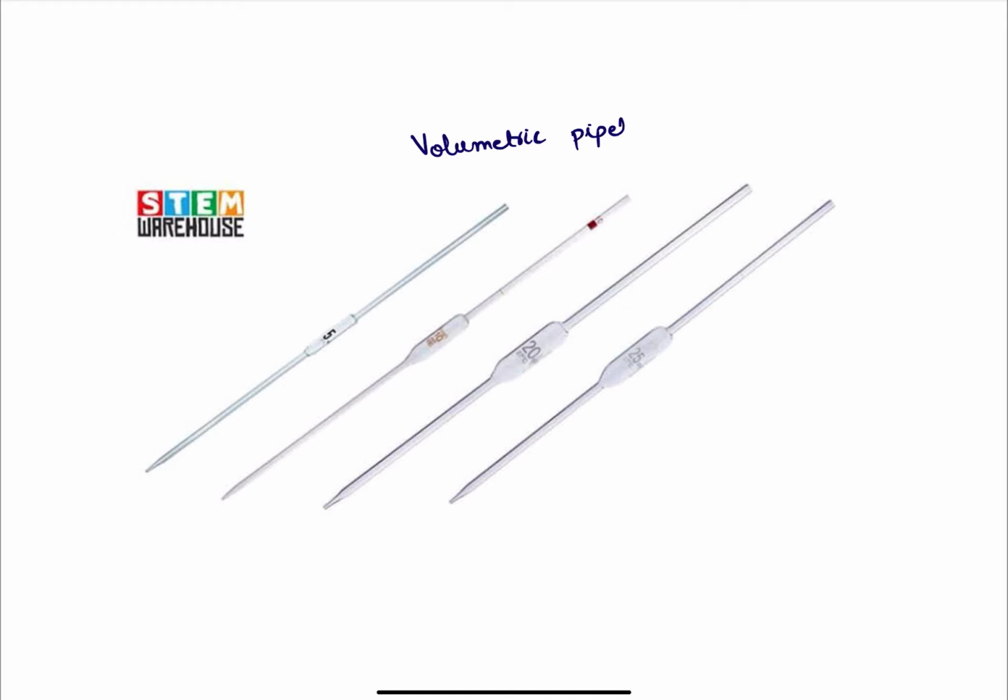Now a volumetric pipette measures fixed volumes. They don't have graduations, and you can see they will just have these marks. You see these marks? These marks tell you the maximum capacity. So this is a 5 ml or 5 cm cube volumetric pipette.